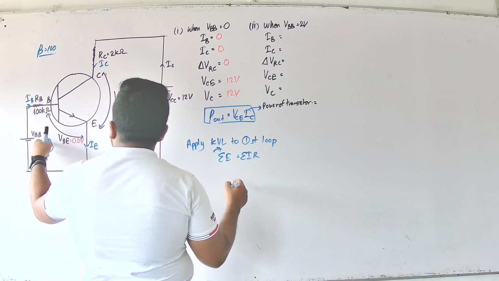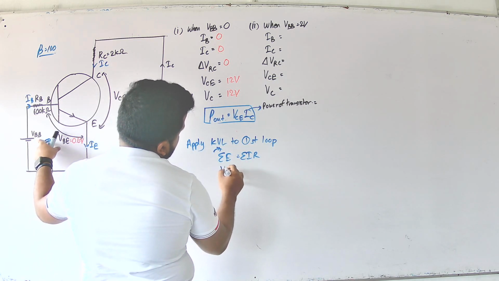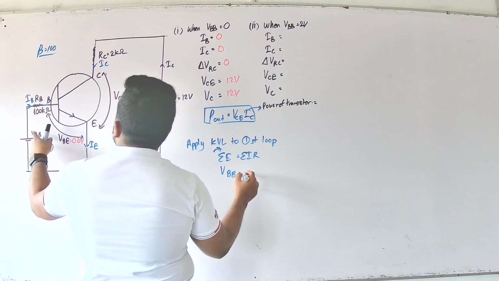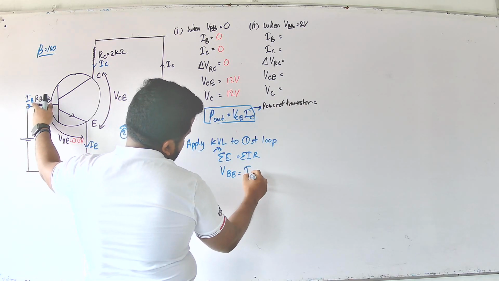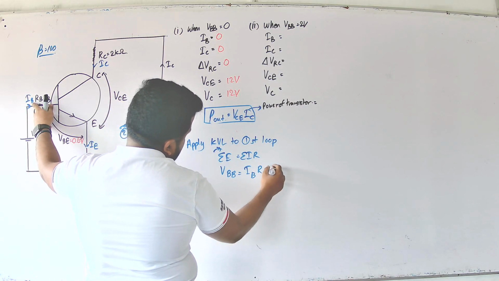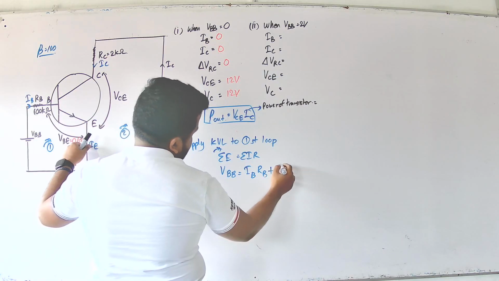So sigma E means VBB equals IB RB plus VBE.